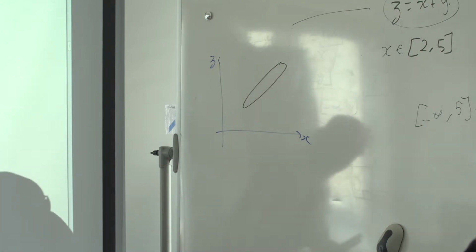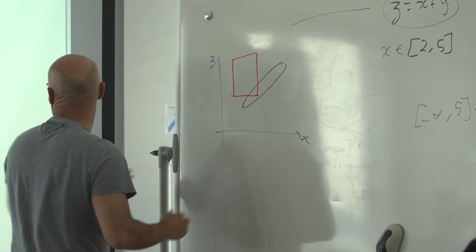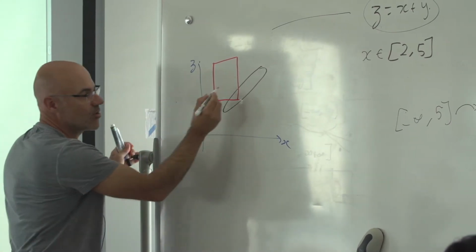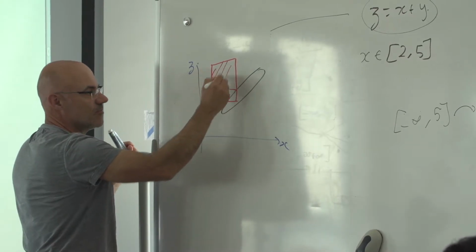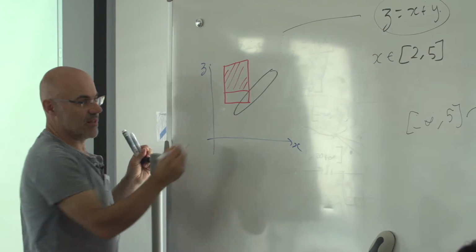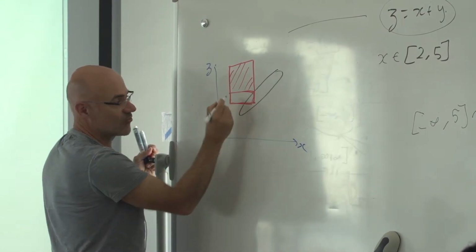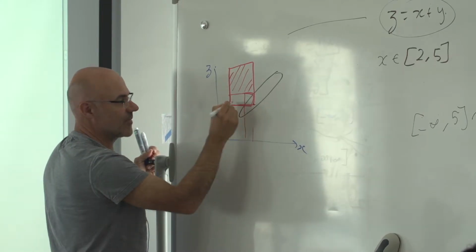So what happened? I take a box like this. I contract first with respect to Z. So I will compute, in fact, this. So this has been removed. Then I take this box, I contract with respect to X, and I will obtain this.